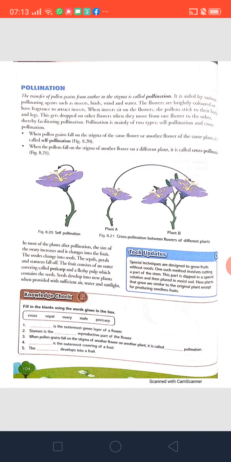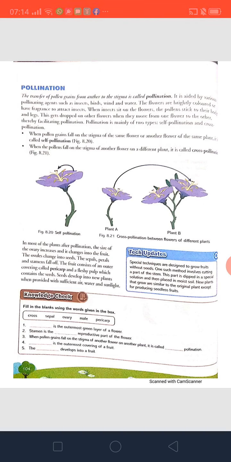The stigma hangs out of the flower, and is feathery also, so they catch the pollen. It means pollen is transferred by the wind to the stigma. In this way, this is known as pollination.